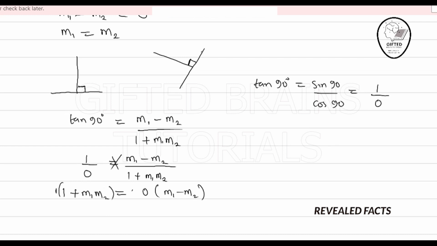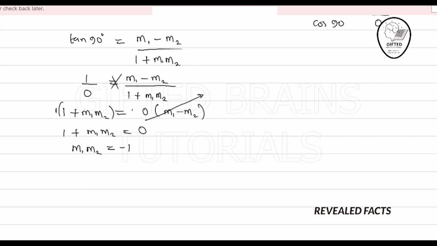Eventually I will have everything here giving me 0, so what we now have is 1 plus m1 m2 being equal to 0. So at the end of the day I can say that m1 m2 is equal to minus 1. So this tells us that the product of the gradients of two perpendicular lines is equal to minus 1.